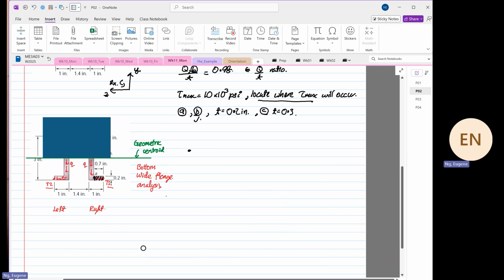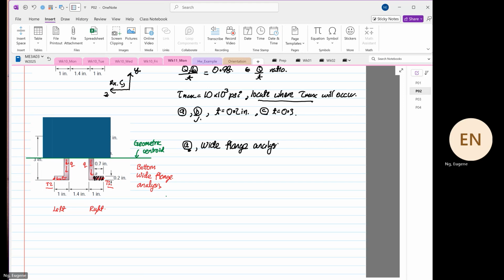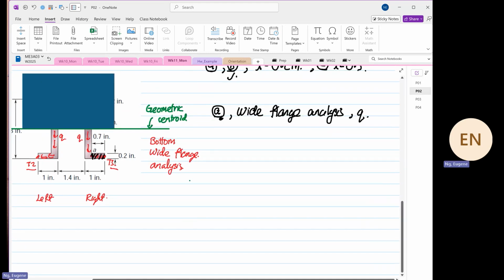So at point A, we realize that what we are dealing with is a wide flange analysis, and then we are only dealing with Q. Box beam is 2Q. Wide flange is Q because terminal 3 has nothing to do with terminal 2.